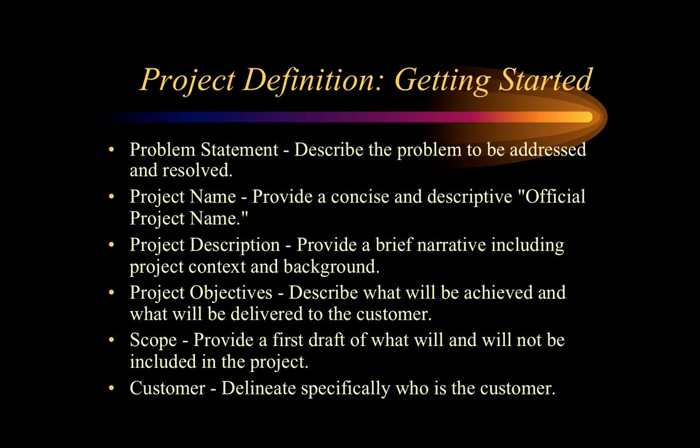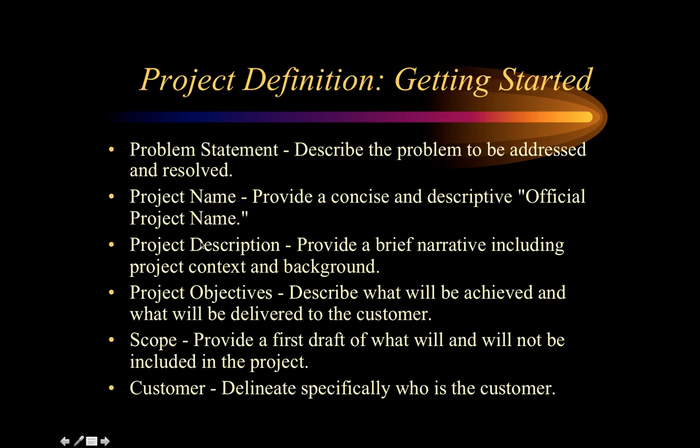All right? And then it usually involves a problem statement, or what the problem is that needs to be addressed, and a project name, the Kanzu Bridge project, or whatever it is. If you're creating a new car that is supposed to cost under $10,000, you could call it the under $10,000 car project.